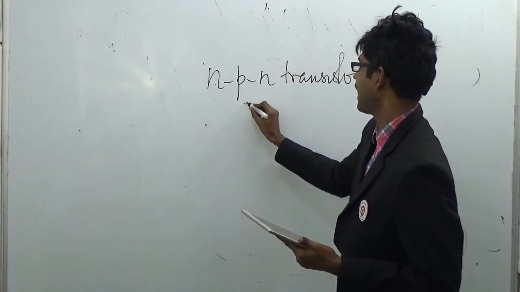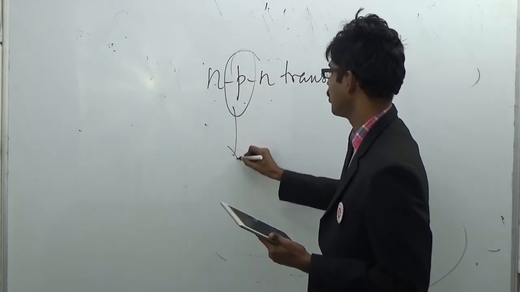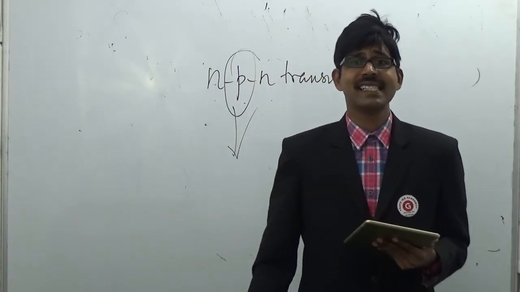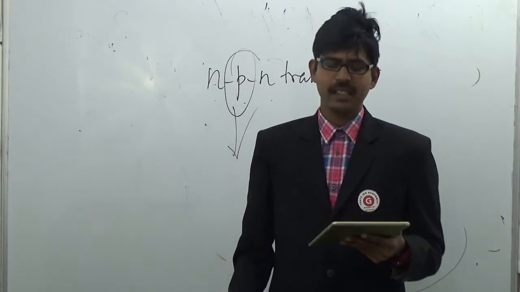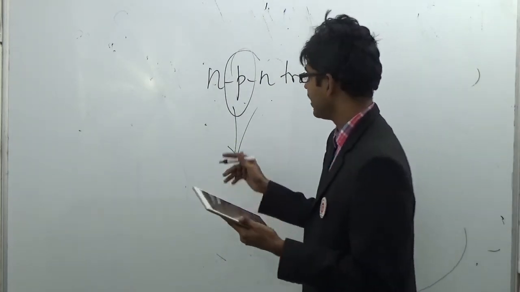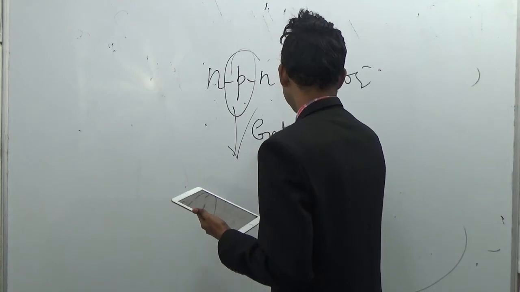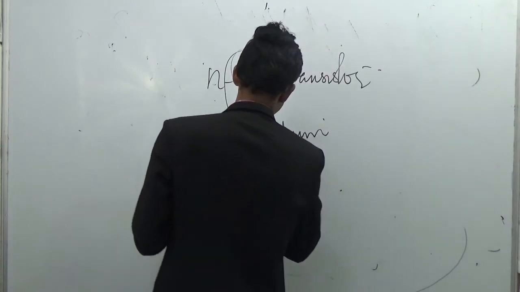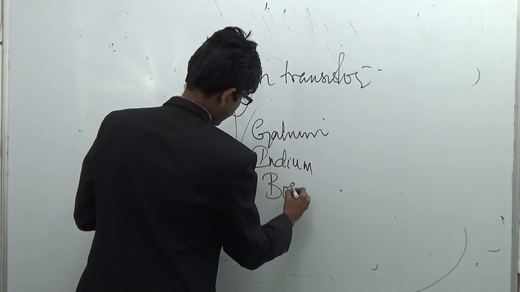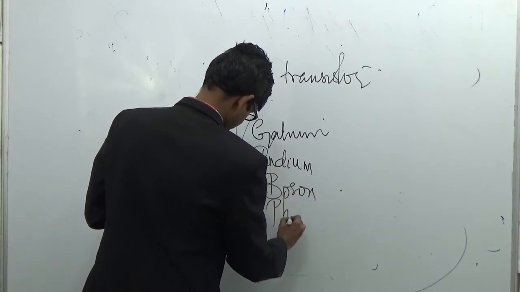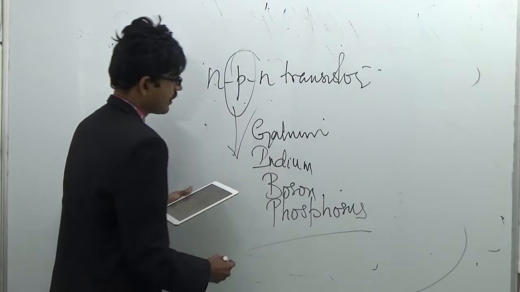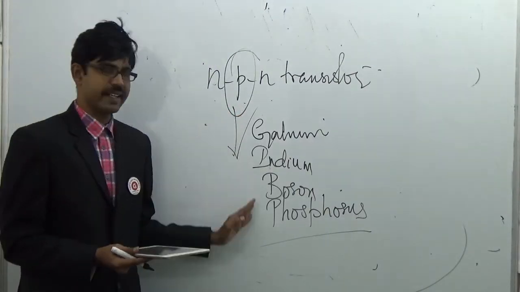Now, emitter, base, collector. So you need to go for a p-type material for wisely choosing the base material. The options given are gallium, indium, boron, and phosphorus. These are the four options given.